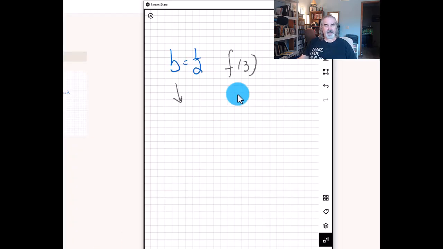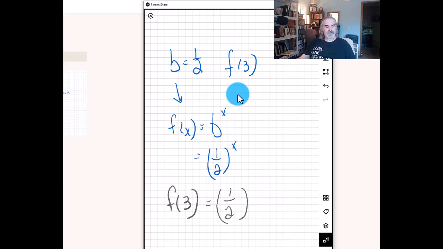Now, again, the base of 1/2 means we're looking at f of x as an exponential function, so a base raised to a power that can vary. And so with b is 1/2, this will be 1/2 to the x. That's our function right now. So f of 3 is going to be 1/2 to the 3rd, and that will be 1/8. 1 over 2 cubed, 1 over 2 times 2 times 2, 1 over 8.